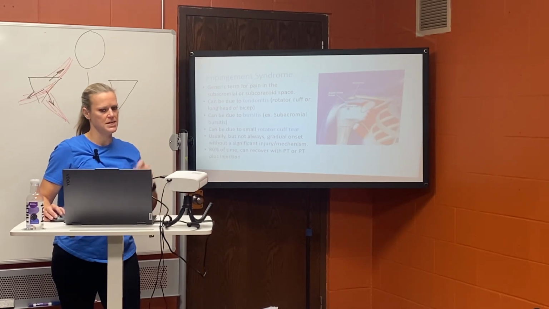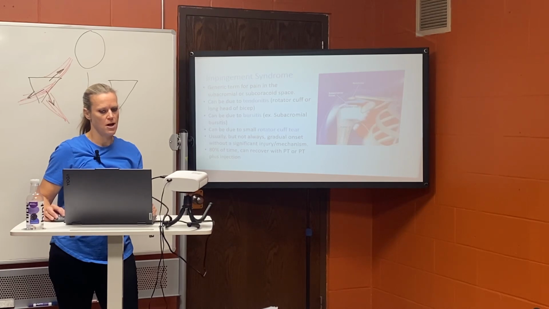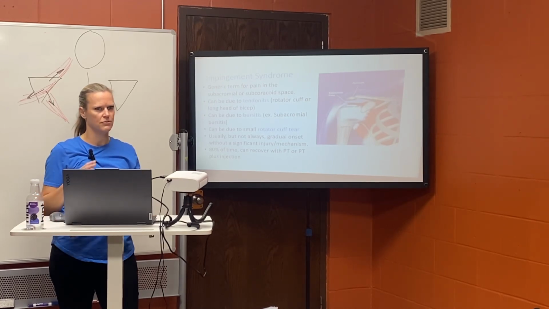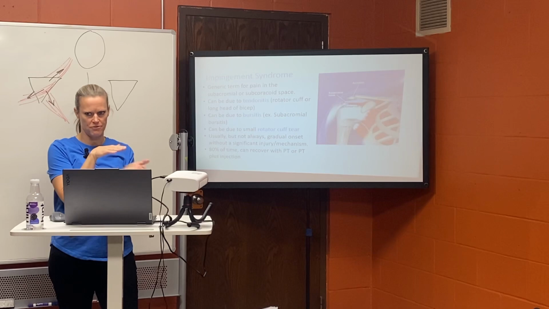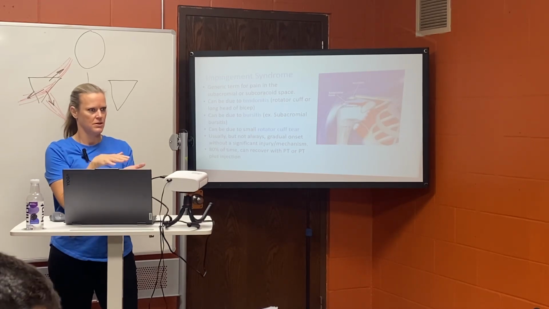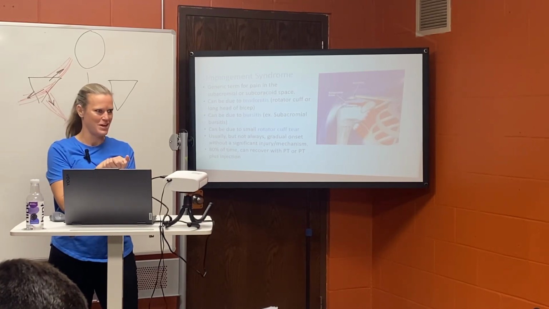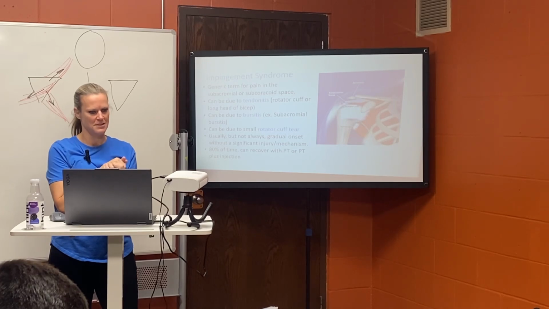It's a small space called the subacromial space. So if you have a problem with a rotator cuff tendon, like a tendonitis, there's also something called a bursa in there. A bursa is like a fluid-filled sac, and it's trying to prevent friction, right? But bursas can become inflamed, and then you get something called bursitis.